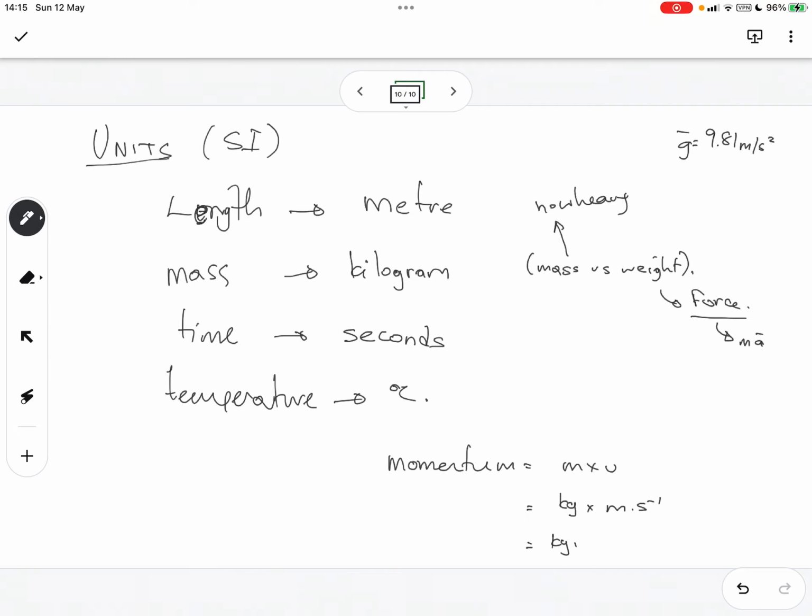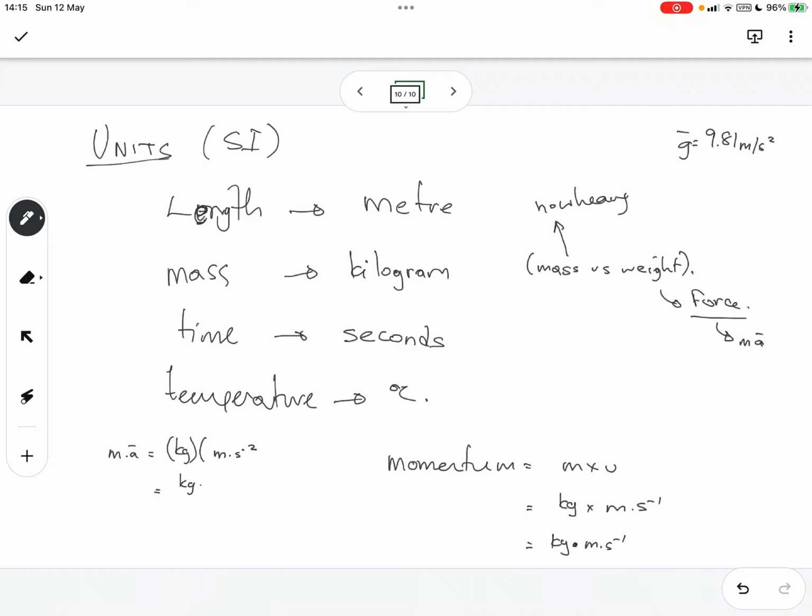And then it gives you momentum in units of kilogram meters per second. Force is mass times acceleration. Mass is in kilograms, and acceleration is meters per second squared.